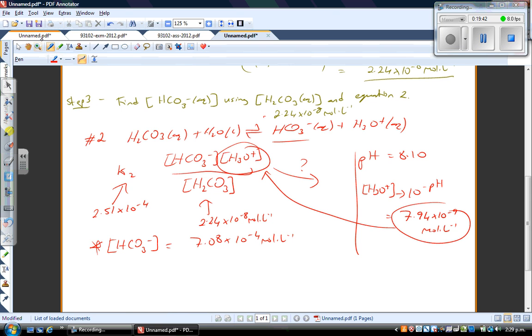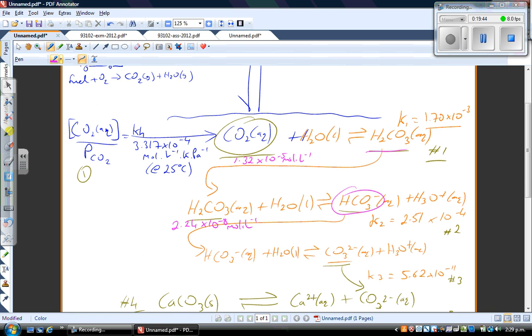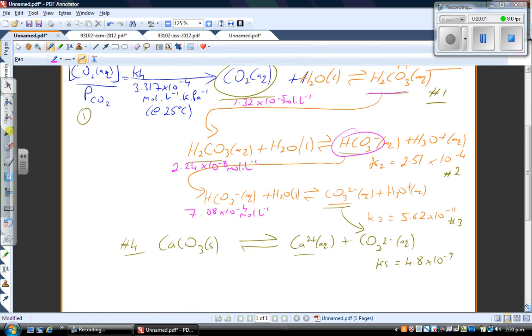And the question continues. So we've just worked out a concentration for hydrogen carbonate of 7.08 by 10 to the minus 4 moles per liter. So the next step in the question, finally we're getting down to what we need to know, is we need to work out the concentration of our carbonate ions.